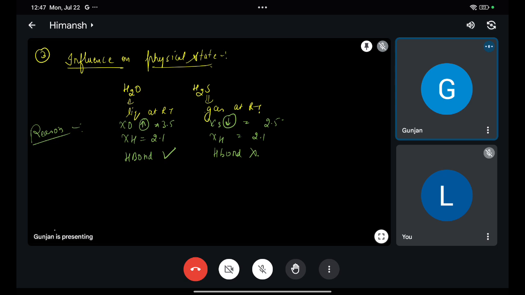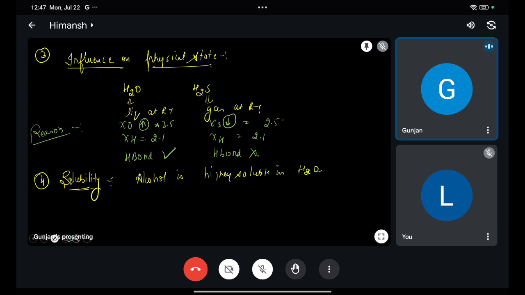Fourth factor is solubility. Hydrogen bonding influences the solubility of one substance in another. Example: alcohol is highly soluble in water.